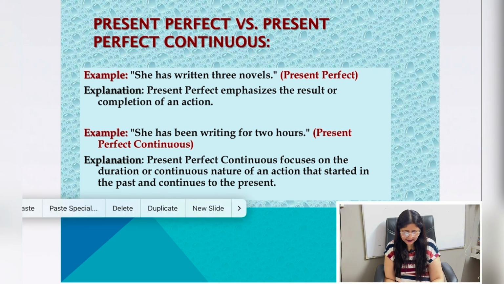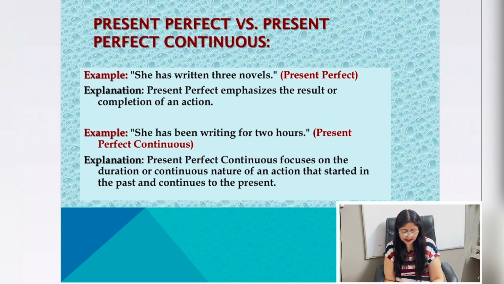Looking at another very perplexing tense, that is present perfect and present perfect continuous. Now present perfect we use, it emphasizes the completion of an action. Okay. For example, she has written 3 novels. So we'll be using present perfect.